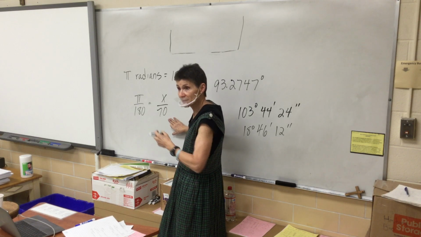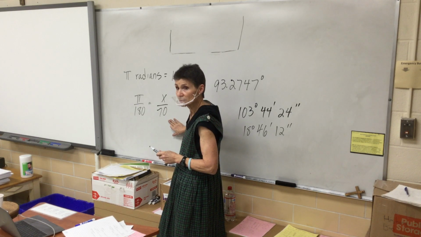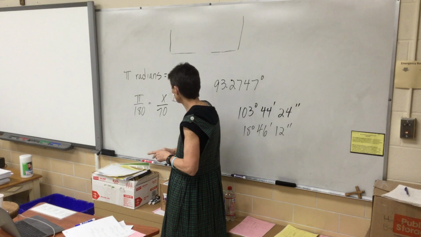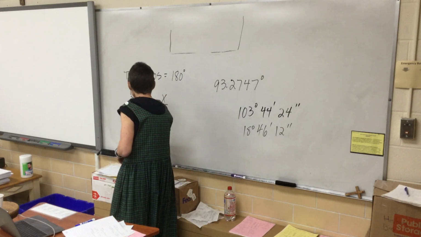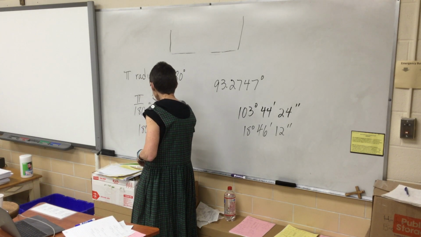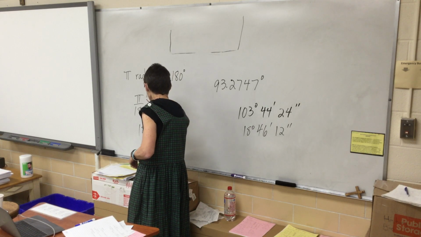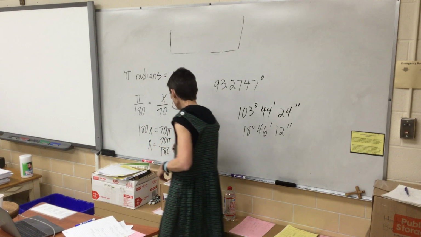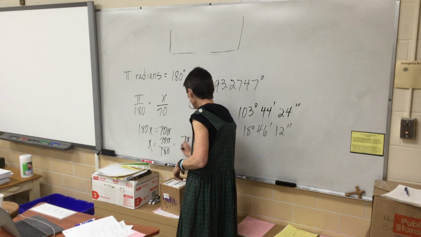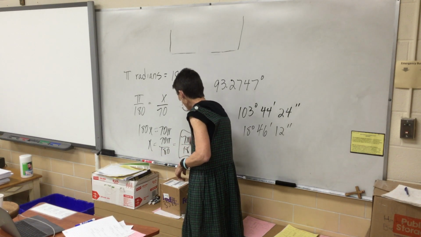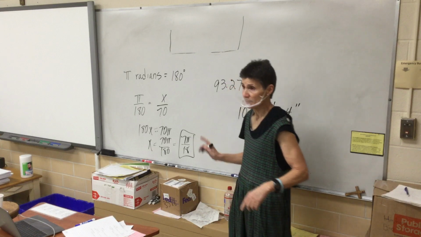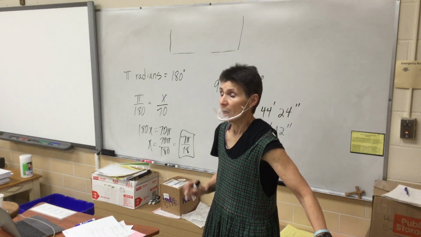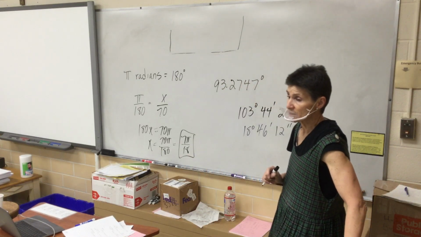Does that proportion make sense to you? And then you'll just cross multiply and solve. So 180x equals 70 pi, and x equals 70 pi over 180, which reduces to 7 pi over 18. So that is the radian measure of 70 degrees.